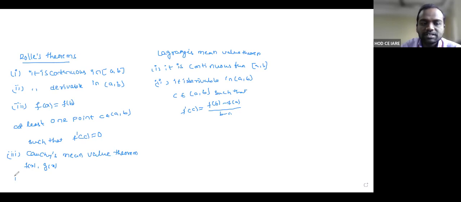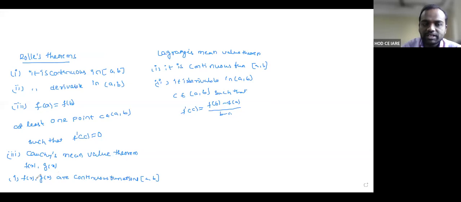The first condition: f of x, g of x are continuous functions in the closed interval a comma b.